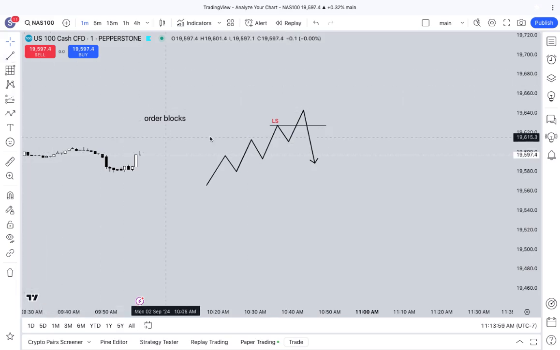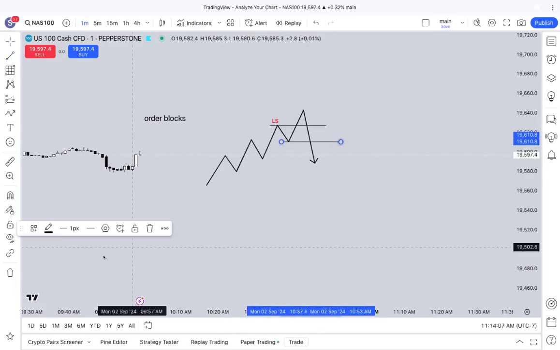So I'm writing down all the confluence that I've explained to you guys.